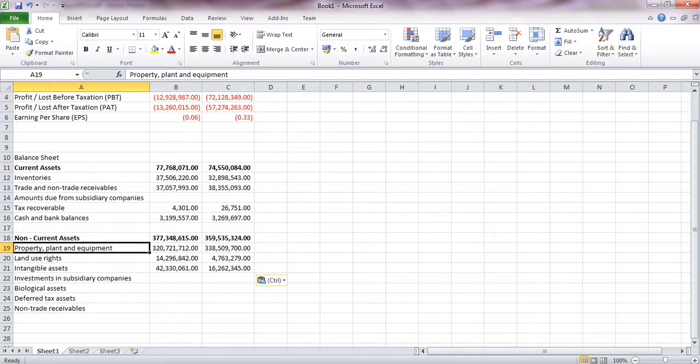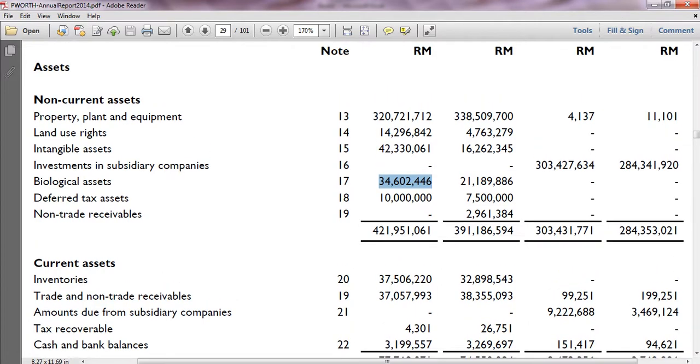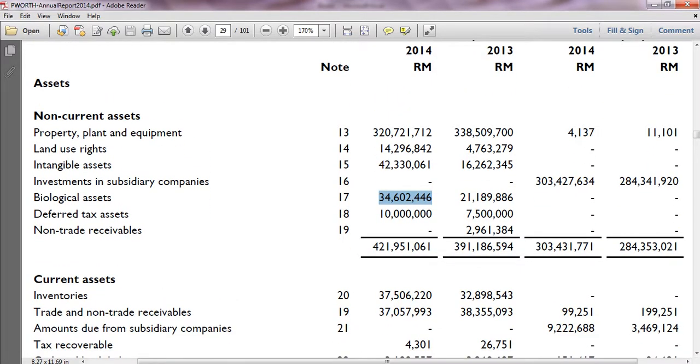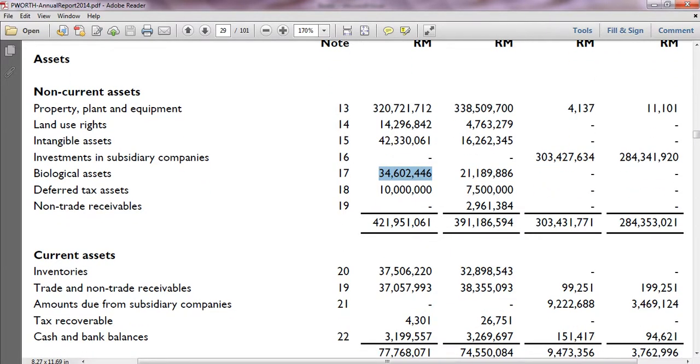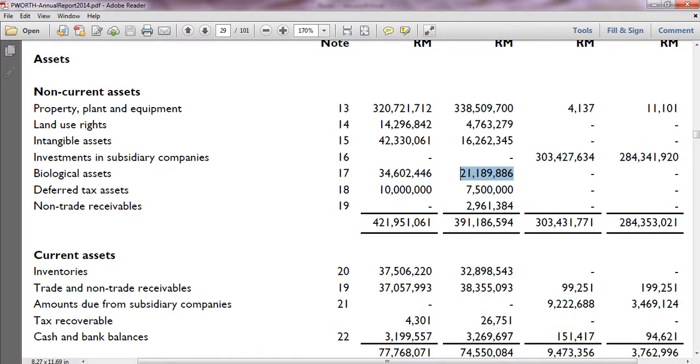So for investment companies, I don't think they have any. So if there's nothing there, you can skip it. And then this one we are talking about the group. The company is not really a concern here because the company is just a single entity.